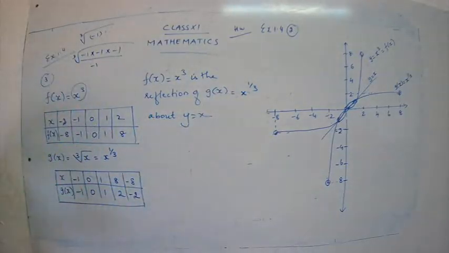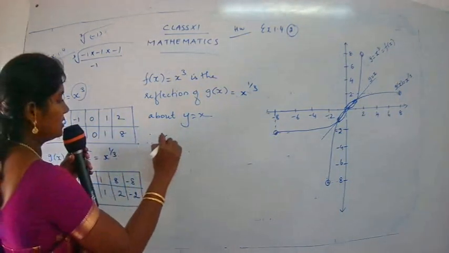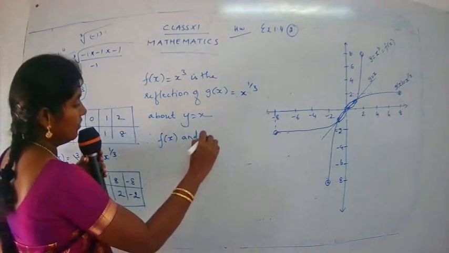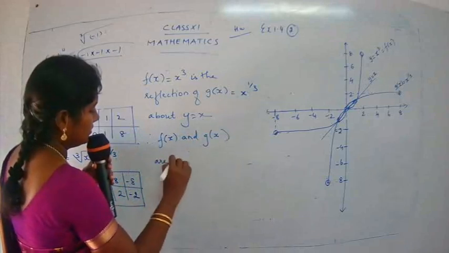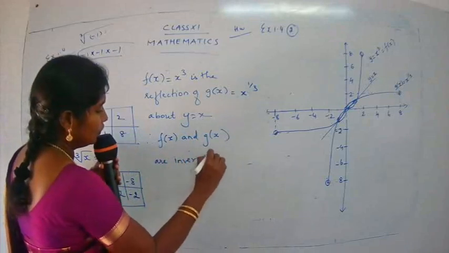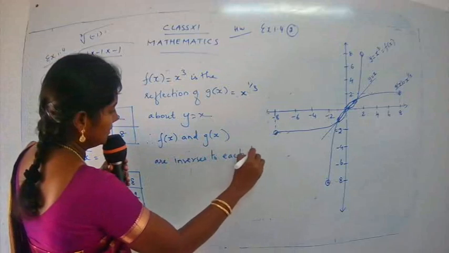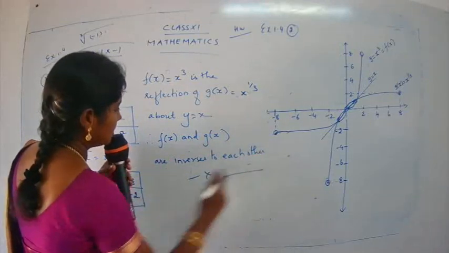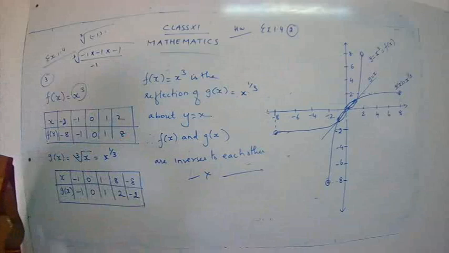Therefore, f of x and g of x are inverses to each other. So with this we complete our sum number 3.